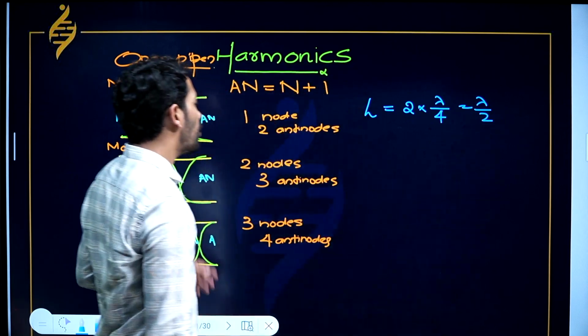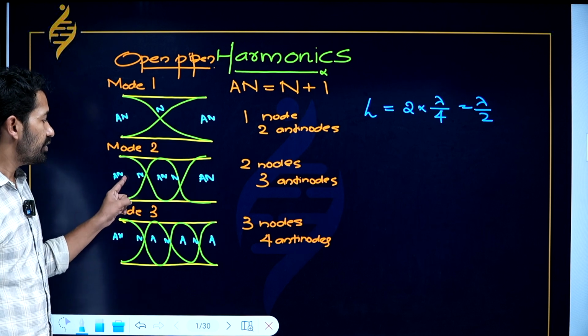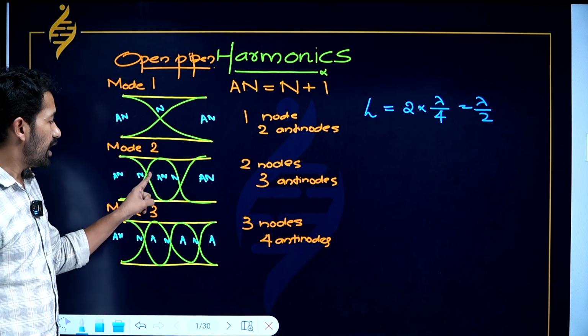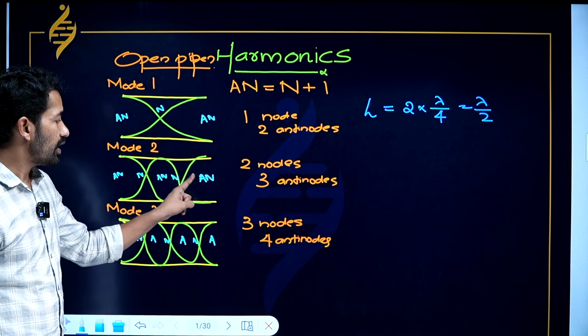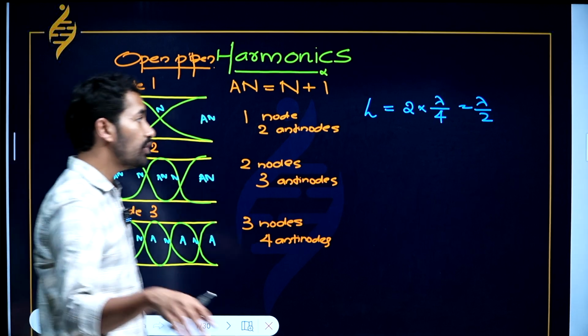In the first mode, length is equal to lambda by 2. Now see here, lambda by 4, lambda by 4, lambda by 4, lambda by 4: 4 into lambda by 4.